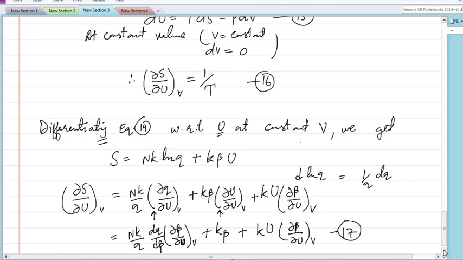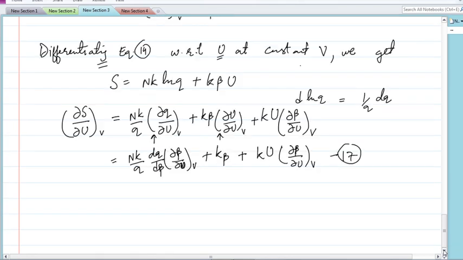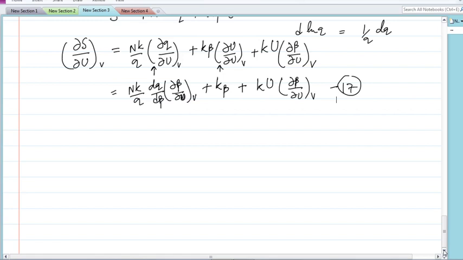Now from equation 5, we know Q, that means the partition function, we have written as the summation of gi e raised to the power minus beta ei.